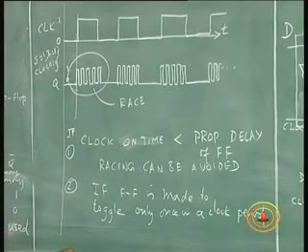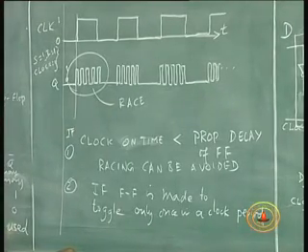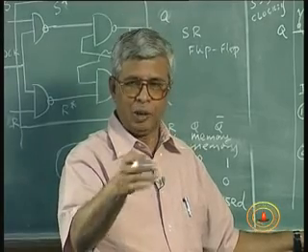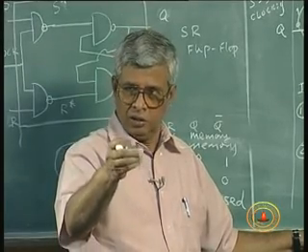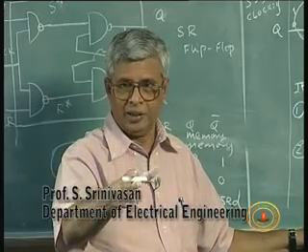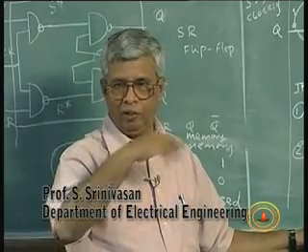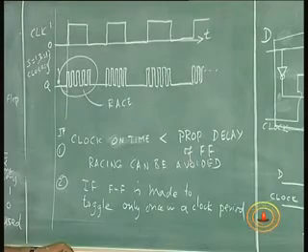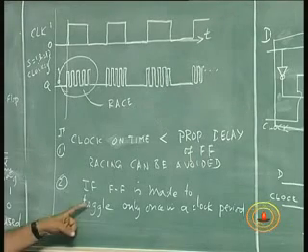However large this clock period is, whether it's milliseconds, microseconds, nanoseconds, or seconds, when I have one clock period pulse, I will have this change only once, not again. This will be useful.